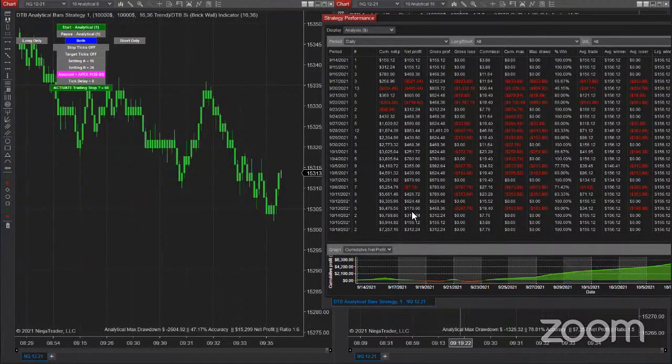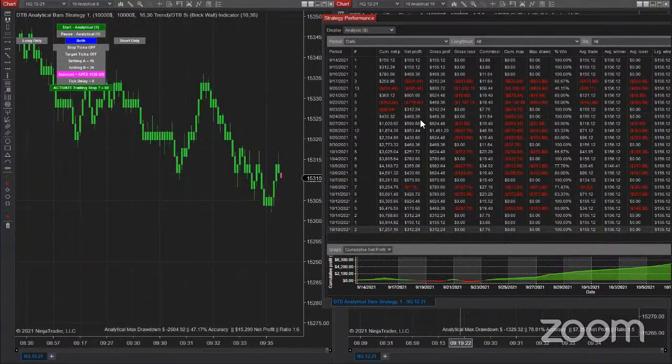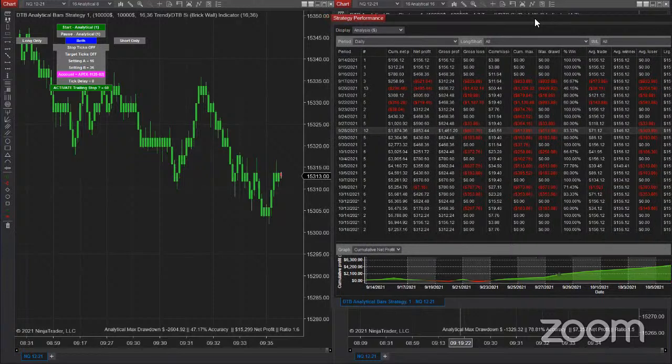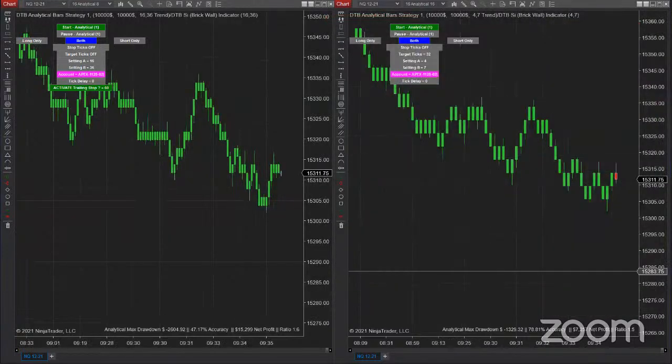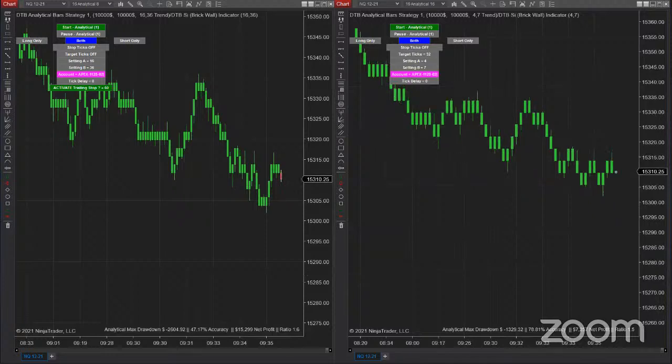Over the last few days it's actually had only a few trades, with some really good consistency over all of these days. So no major fireworks, but you don't always want to see fireworks, because that can also open you up to taking too many trades.